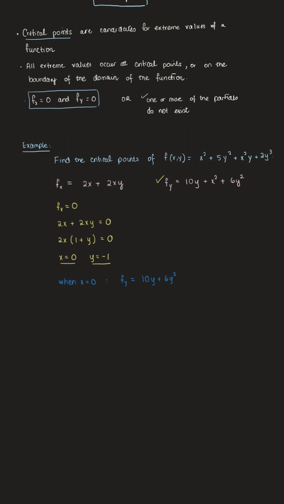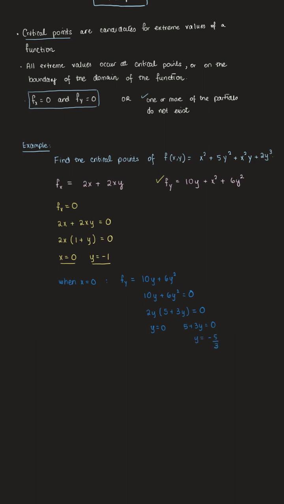I'd like to know what values of y are going to make this partial equal to 0. So I'm going to set this equal to 0 and solve for y. I will factor out a 2y to get 2y times (5 plus 3y) equals 0. So either 2y is 0, which gives us y equals 0, or 5 plus 3y is 0, which gives us that y is -5/3.